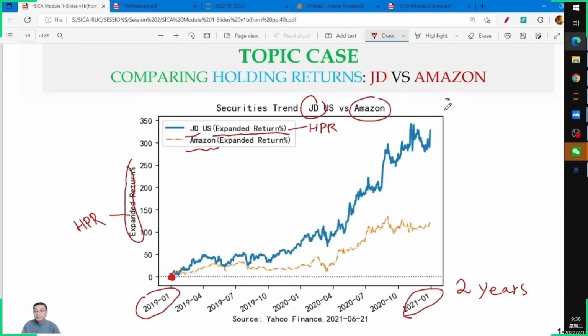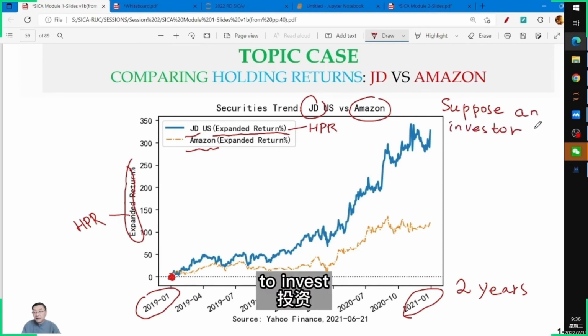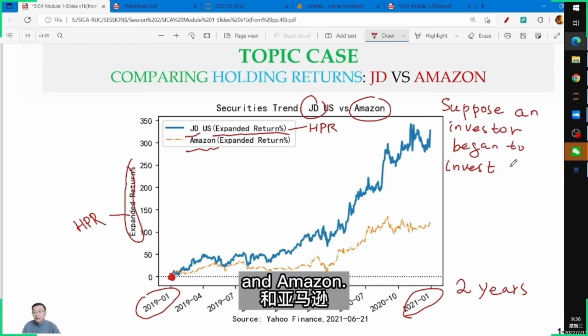Suppose an investor began to invest in two stocks, Jingdong and Amazon.